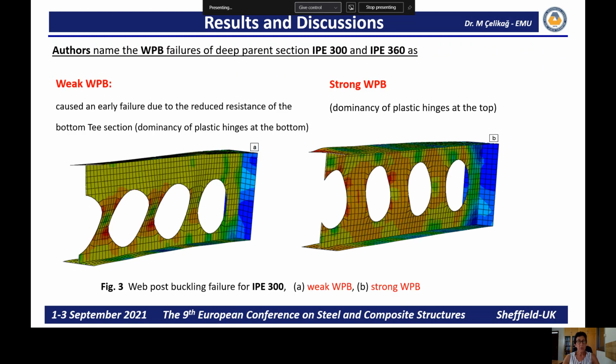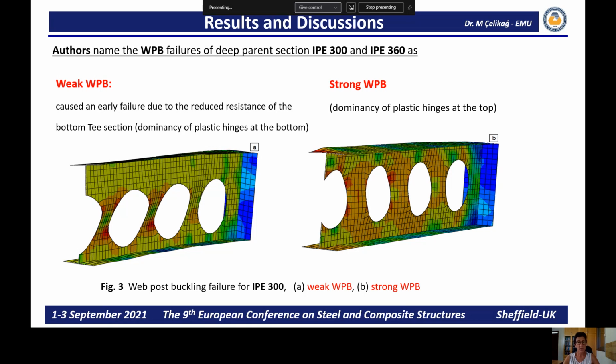And the authors name this particular phenomena as weak web post buckling and strong web post buckling. In weak web post buckling, the plastic hinges were dominated at the bottom, whereas for the strong web post buckling, the plastic hinges were at the top.